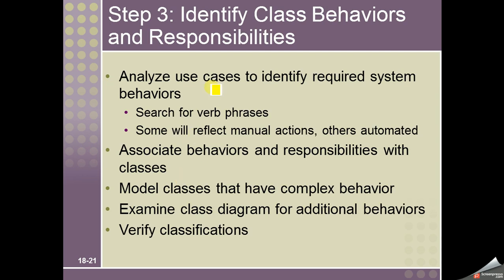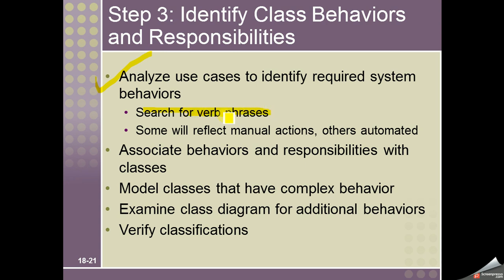In the next step, we identify class behavior and responsibility. As we discussed before, every class or object has certain behavior and certain responsibility to collaborate with the other classes or objects. So we analyze use cases to identify required system behavior. We search for verb phrases.